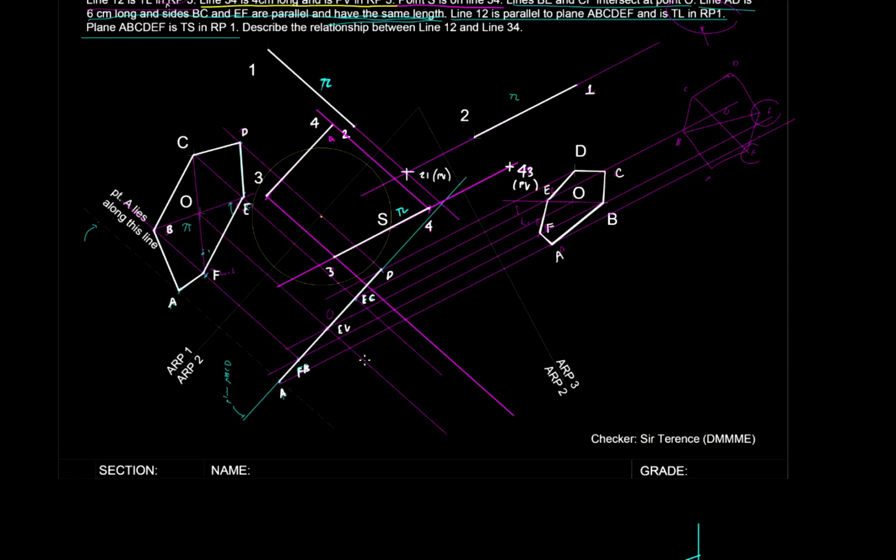If we do a projection line going this way, tapos this same point, gawa tayo na projection line going this way naman, then the intersection point will be the location of point O. And since we know that point O is part of the plane based on yung parang imagination na ginawa natin dito, then pwede tayong gumawa ng parallel line parallel to this folding line and passing through point O. And that parallel line that we will create will be the edge view of the plane.